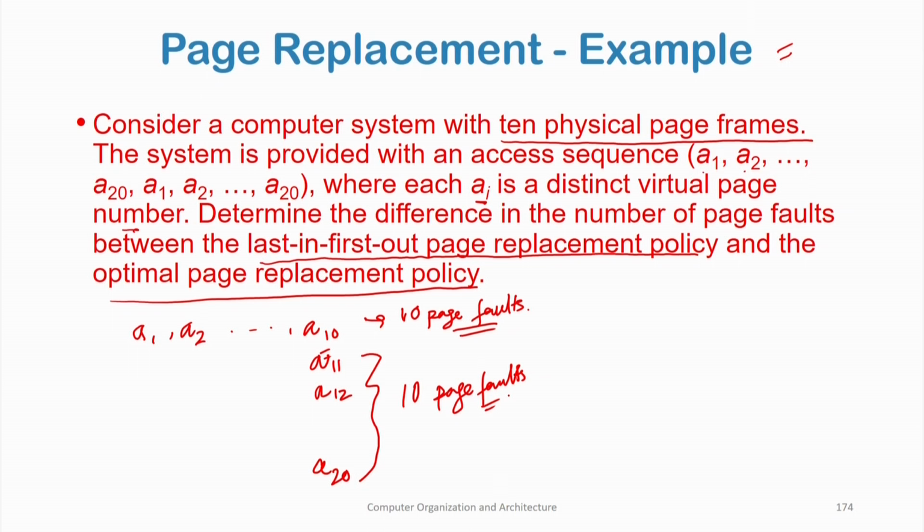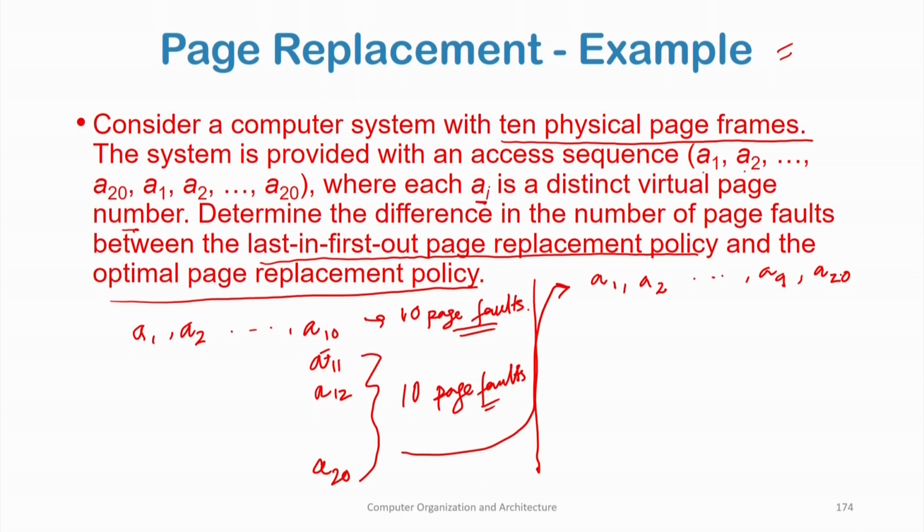Now after this, what do you have? In the page frames, you have A1 to A9. So after the first set of 1 to 20 references is done, in the physical memory you have pages A1, A2, up to A9 and A20.